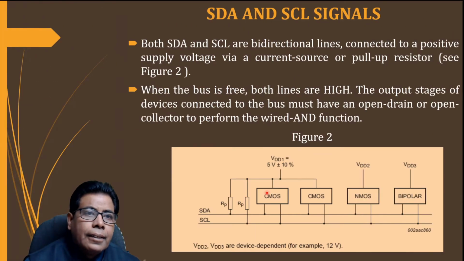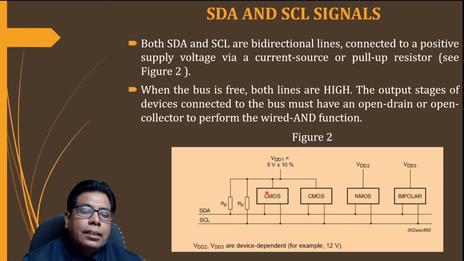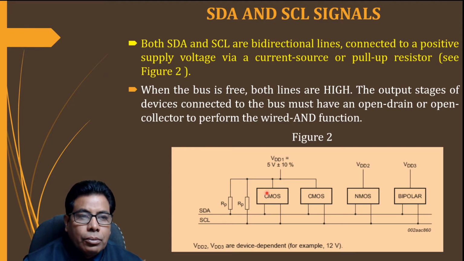Then let us see the details of the SDA and the SCL signals. SDA and SCL are bidirectional lines, and they are connected to the positive supply voltage via a current source or a pull-up resistor.